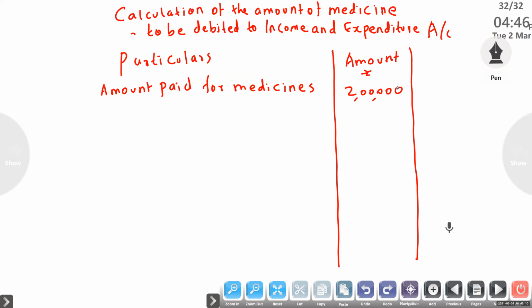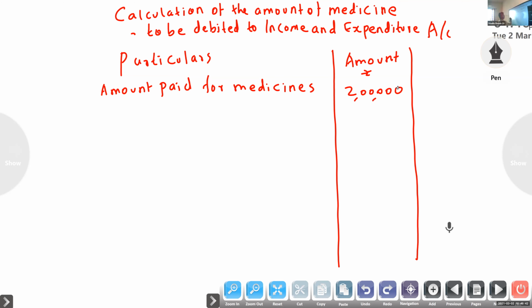Then Atul, closing stock of medicines, add or less? Sir, less. Yes. Then Femina, opening creditors? Sir, less. Yes, very good.